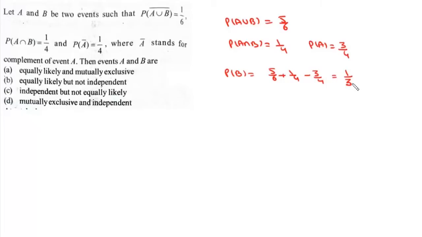Now since probability of A and probability of B are different, these events are not equally likely. And if we look at P(A) into P(B), this value will be simply 1 by 4, which is same as P(A intersection B). That means these two events are independent but not equally likely. That means this option C is correct.